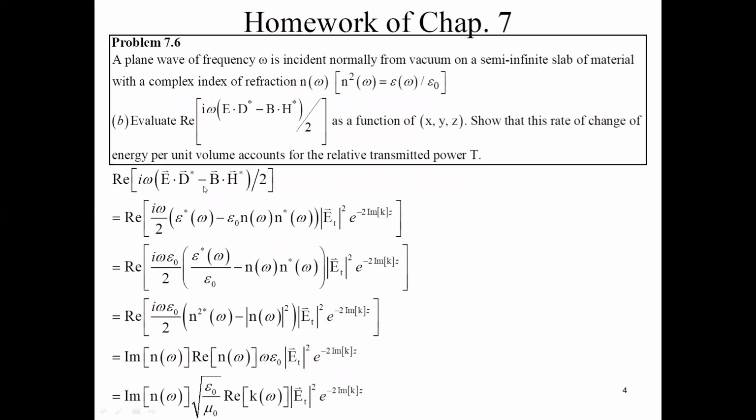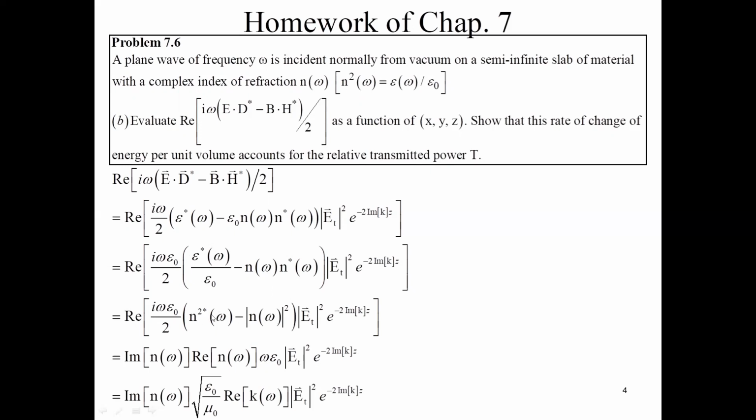So here we know this term will become this term. And then we just take the epsilon 0 out. This first term, you will find that it equals the square of the reflection coefficient. The second term will equal the absolute value of n squared.